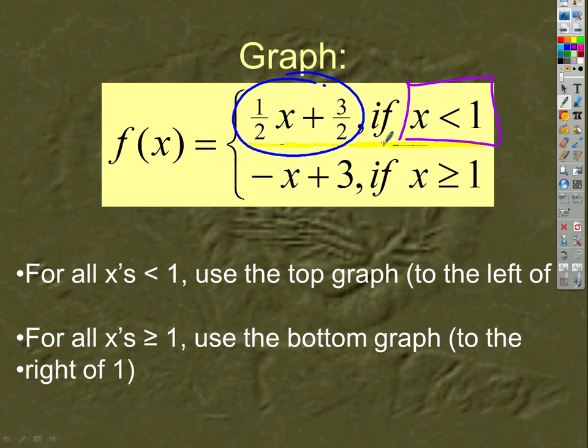Okay? So in the top function, we get the line y equals 1/2 x plus 3/2, which is switched on wherever x is less than, so to the left of, +1. Okay? The other piece of the function is a different line. It's the line y equals -x plus 3, which is switched on when x is greater than or equal to 1, so to the right of +1.